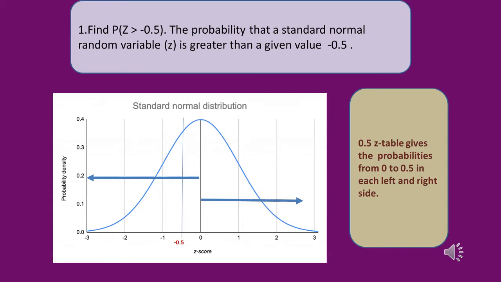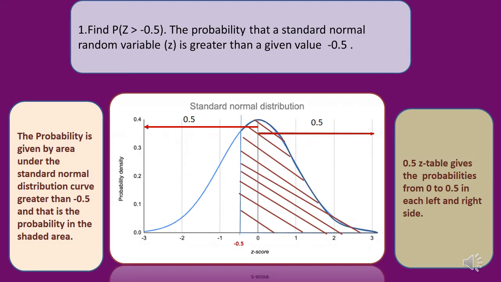Therefore, you need to use this Z table to find the probability under the shaded area.